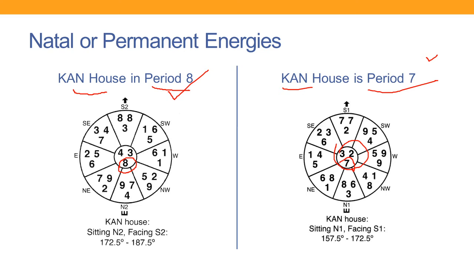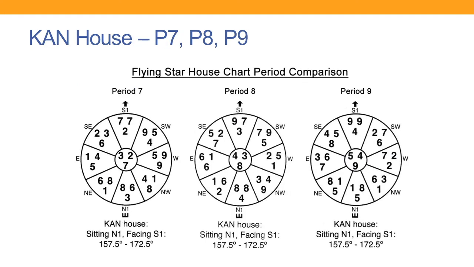A better chart to show you to answer the question would be particularly this chart here. So this is again a Khan house, sitting north 1 facing south 1, and these are 3 houses built at different times.